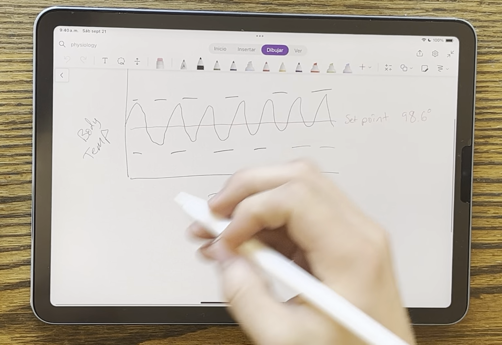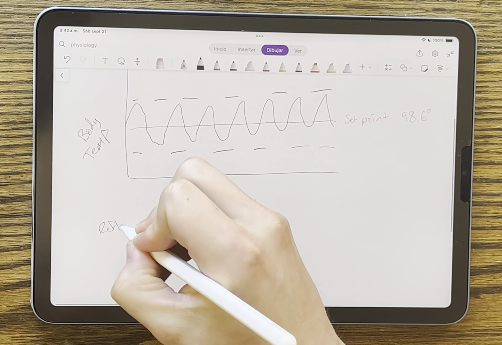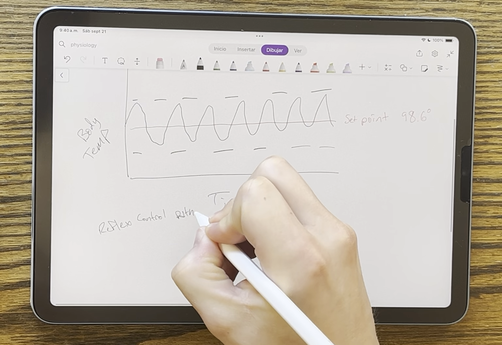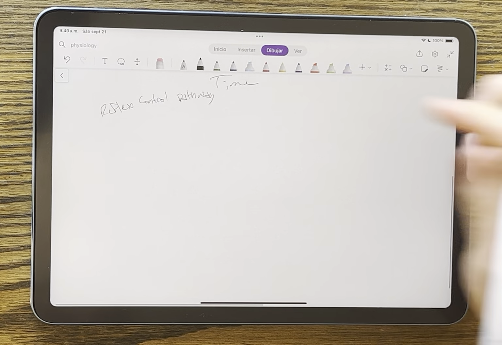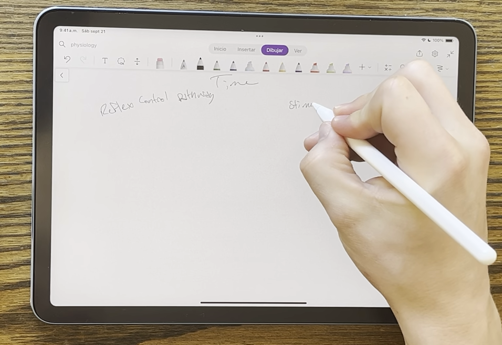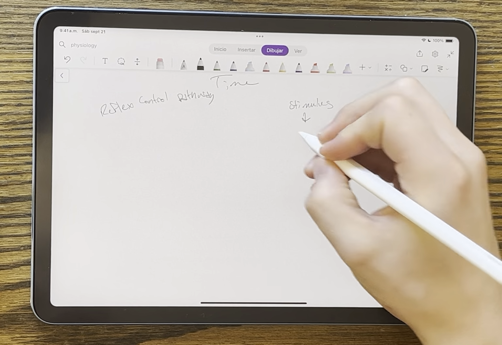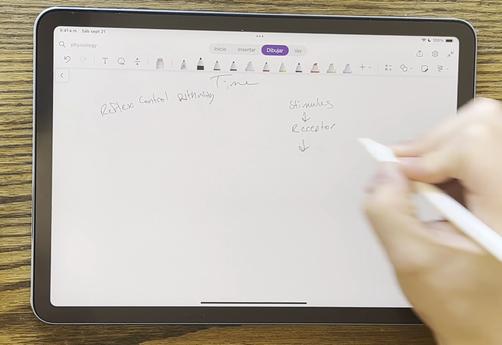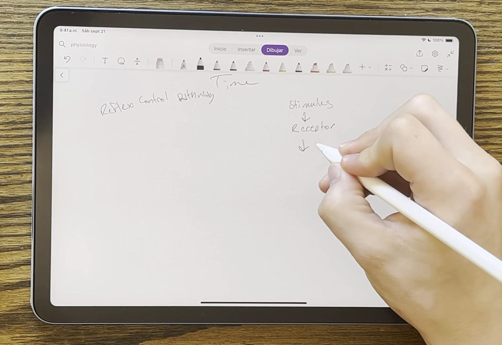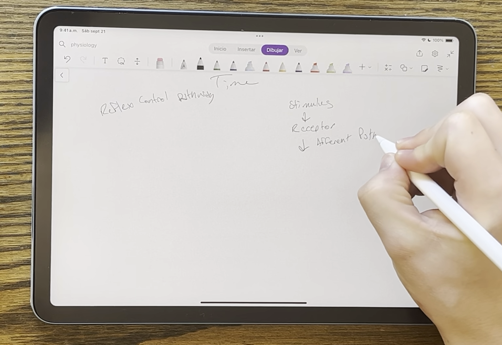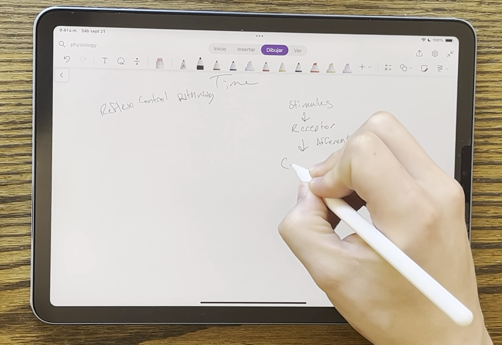The way it works is it uses what's called the reflex control pathway. The reflex control pathway is pretty simple. It starts with a stimulus, which a receptor senses, which sends a signal through an afferent pathway to a control center.